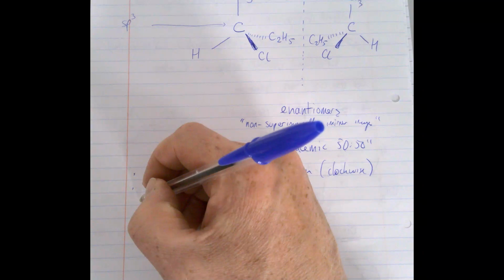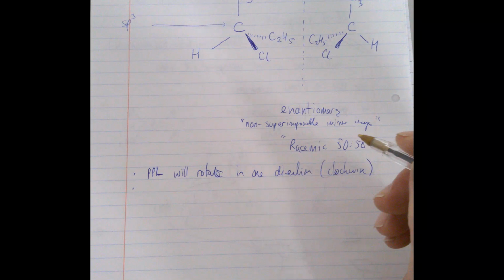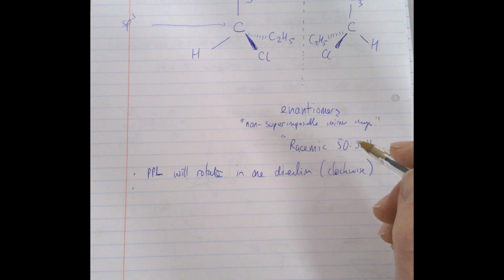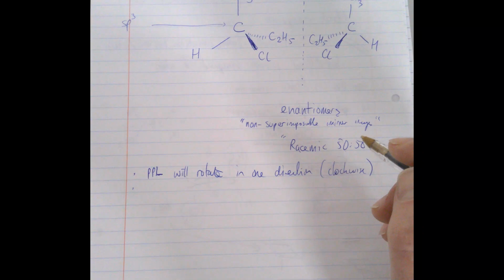You are really expected to know that chiral molecules have some very important consequences in biology. A huge proportion of biological molecules are chiral, with very few exceptions. And chiral molecules will interact with other chiral molecules in a particular way.